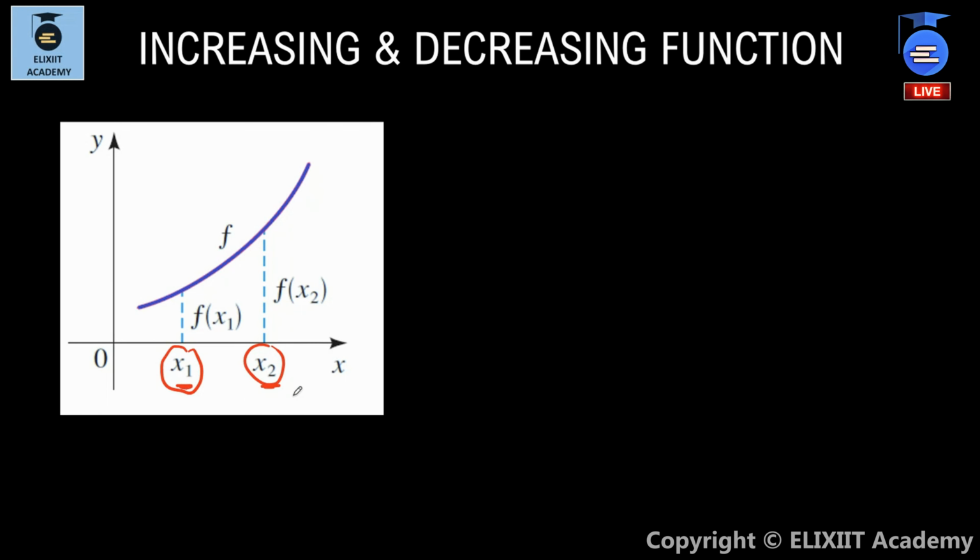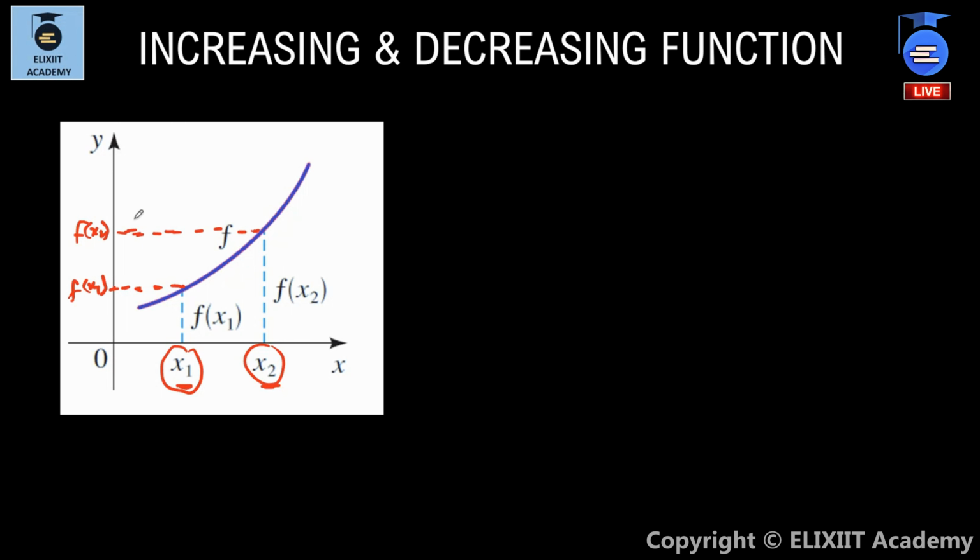You may consider some points like 2 and 4, but in general, if this is x1, then this much height is f of x1, the function value. Corresponding to this point x2, you will get the function value f of x2 over here.